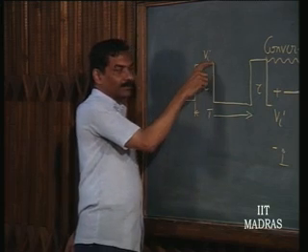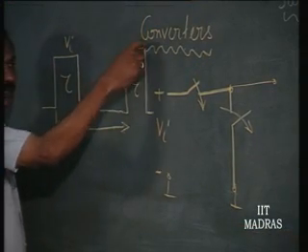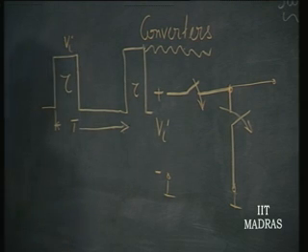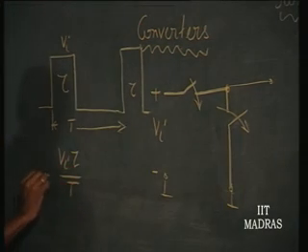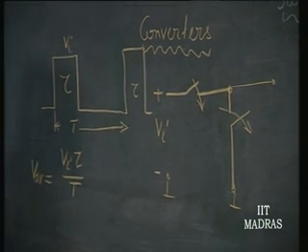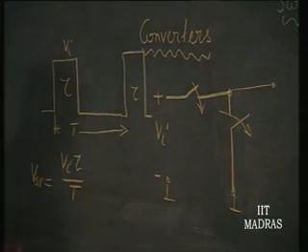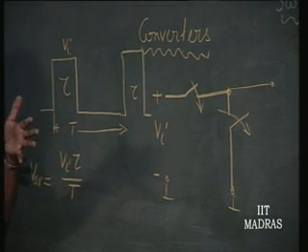It is charged to Vi and discharged to 0 immediately, charged to Vi, discharged to 0. So, Vi into tau by T. This is the DC component of this. So, this is a very efficient converter so far, right.